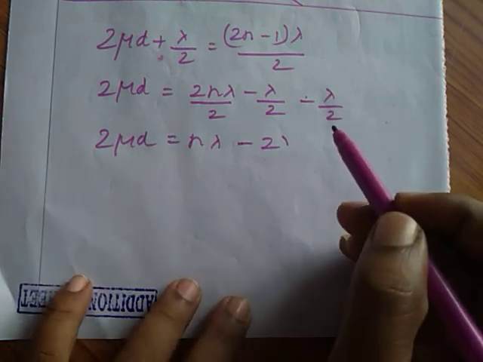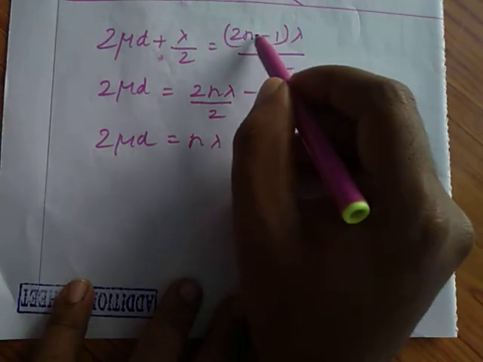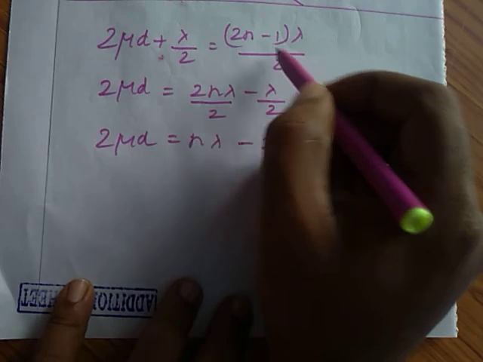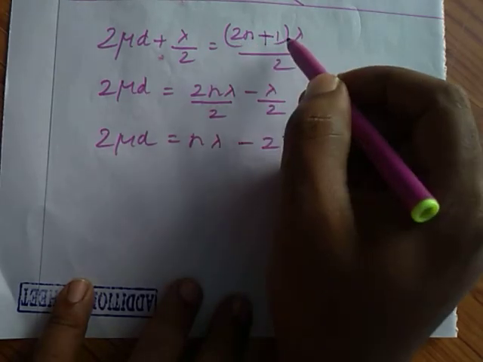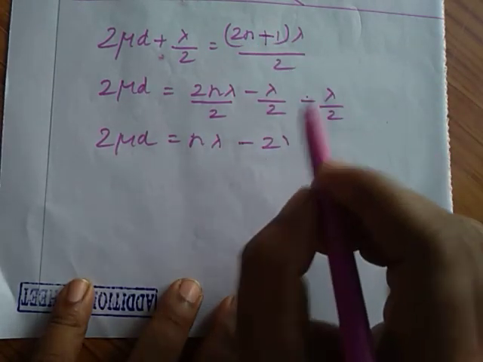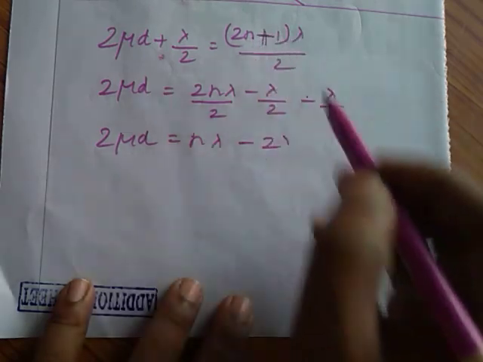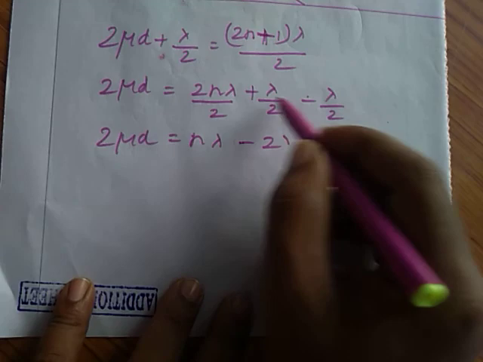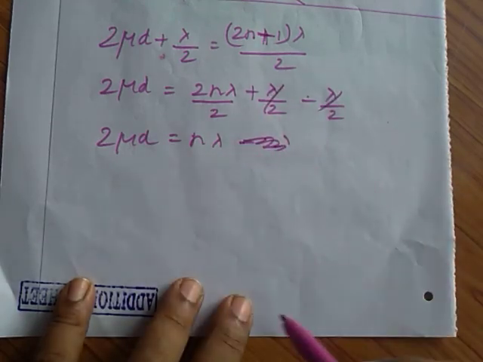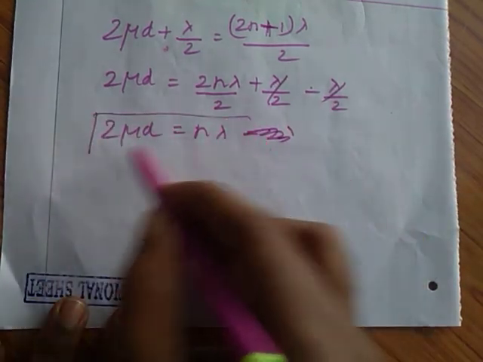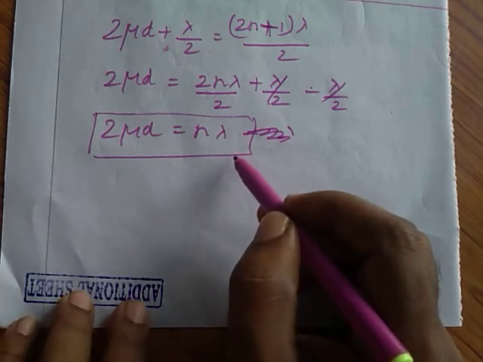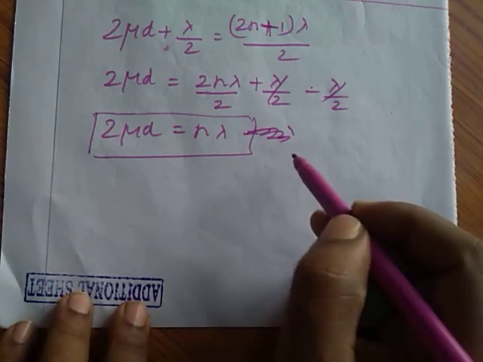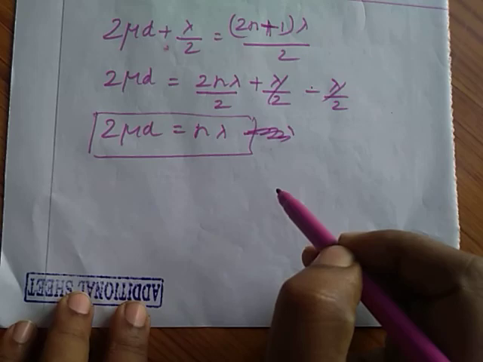One correction here: we consider this (2n minus 1) lambda by 2 as (2n plus 1) lambda by 2. Then cancelling this, we get n lambda. This is the condition for destructive interference in reflected light.